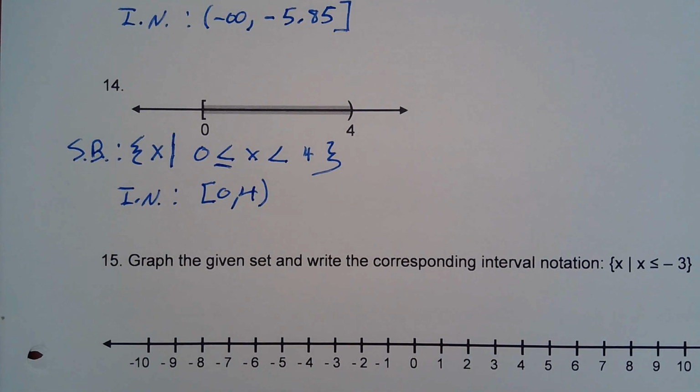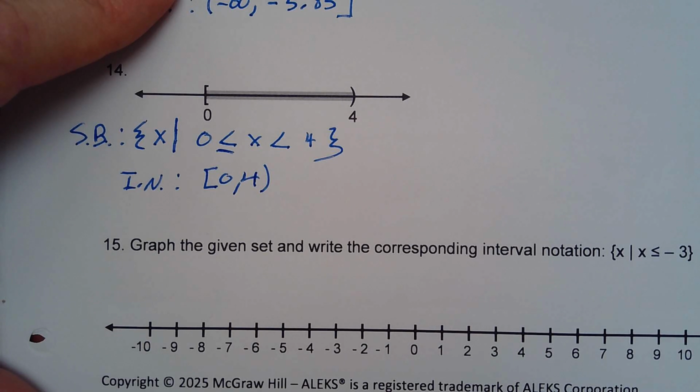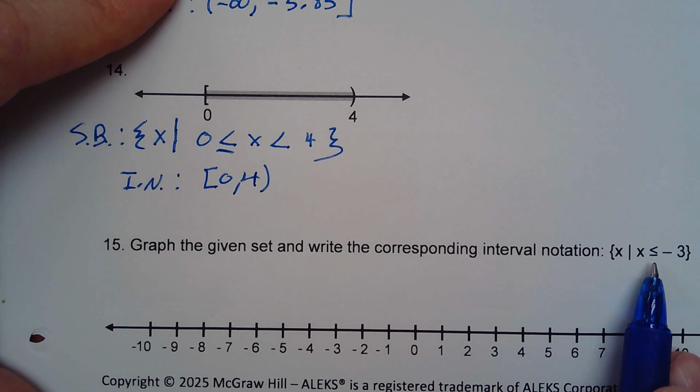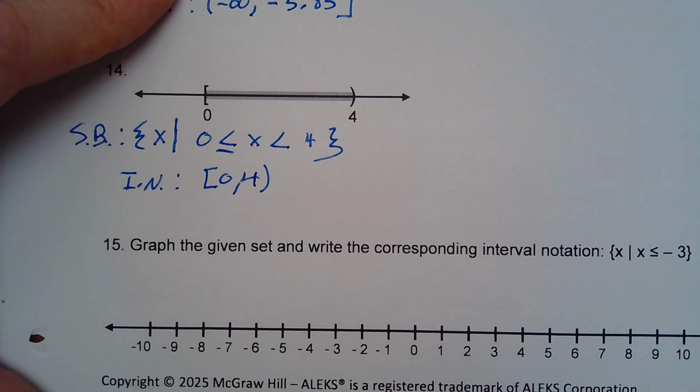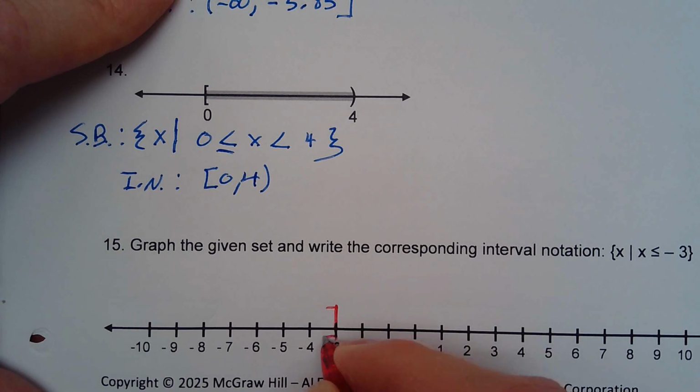Let's try number 15. Graph the given set and write the corresponding interval notation. All right, so I'm graphing x is less than or equal to negative 3.5. So let me get red going here. So I'm at negative 3.5, and I'm shading to the left because I'm doing less than. So I need a bracket facing this way.